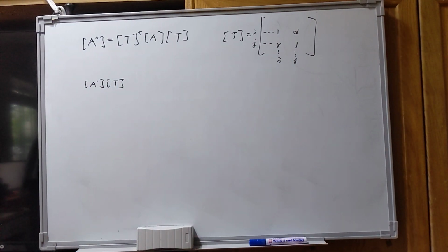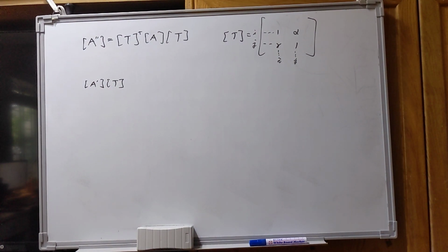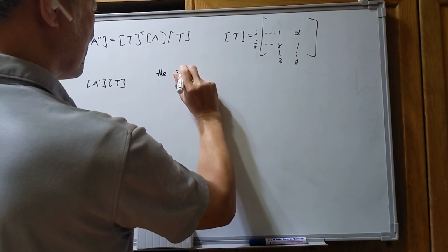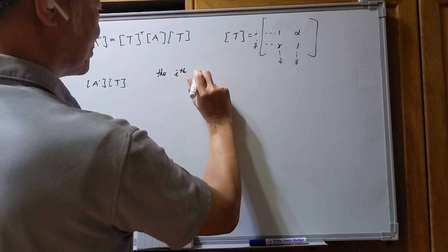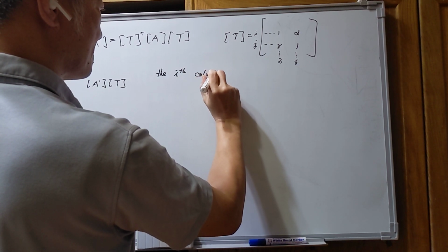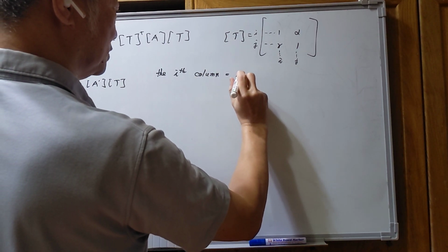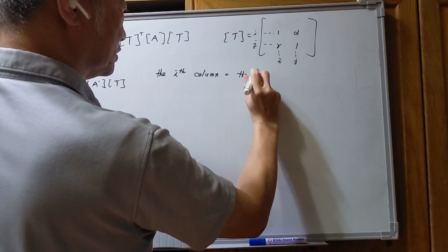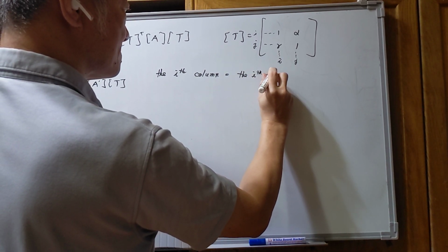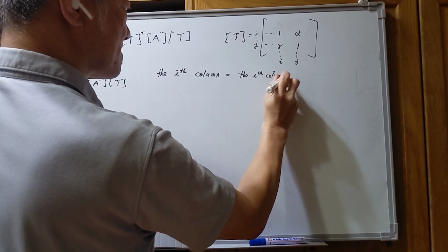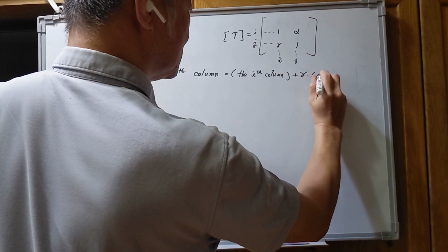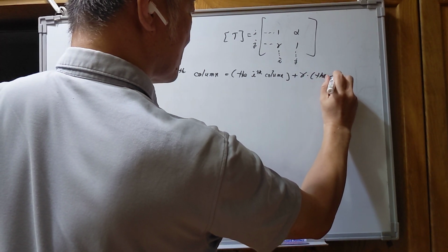Okay, for the A prime, the new ith column will be equal to the ith column plus gamma times the jth column.